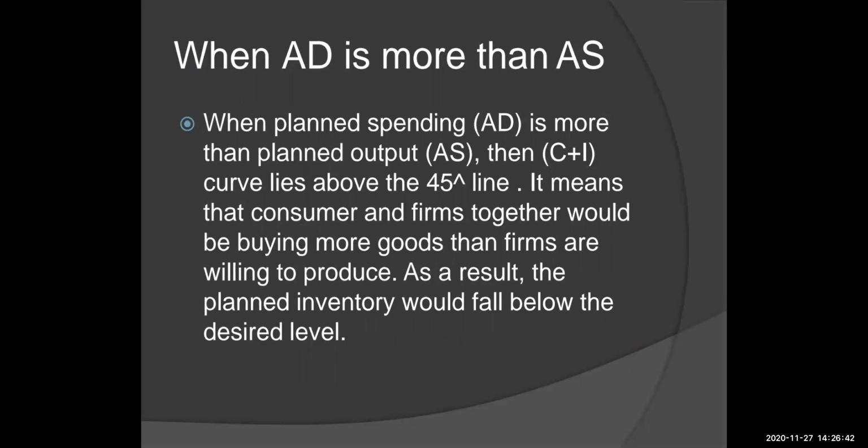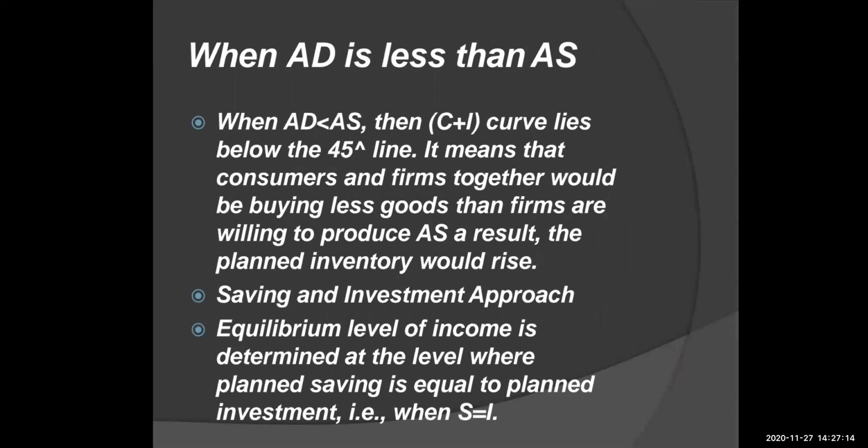Now what happens when AD is more than AS, which means when aggregate demand is more than aggregate supply? When planned spending, that is AD, is more than the planned output, then our C plus I curve will lie above the 45-degree line. It means that consumers and firms together would be buying more goods than firms are willing to produce. As a result, the planned inventory would fall below the desired level.